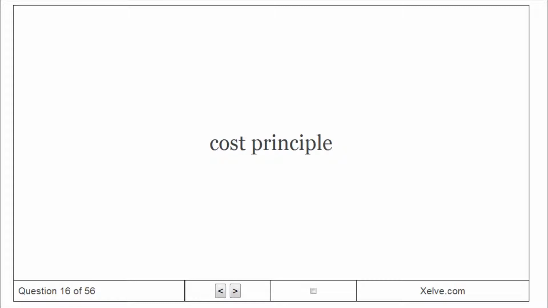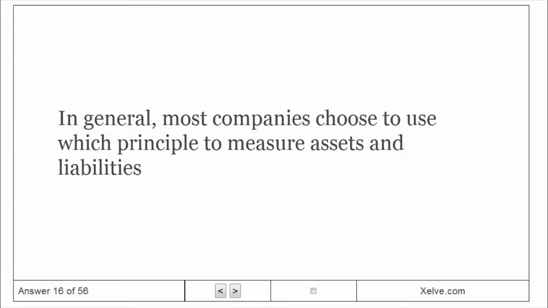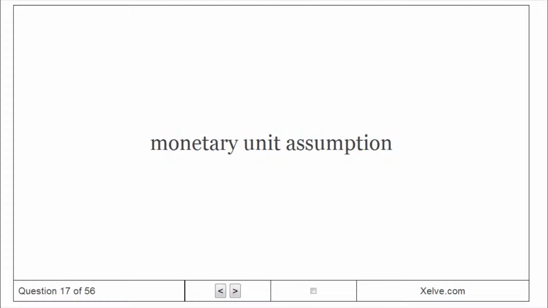Cost principle. In general, most companies choose to use which principle to measure assets and liabilities. Monetary unit assumption.